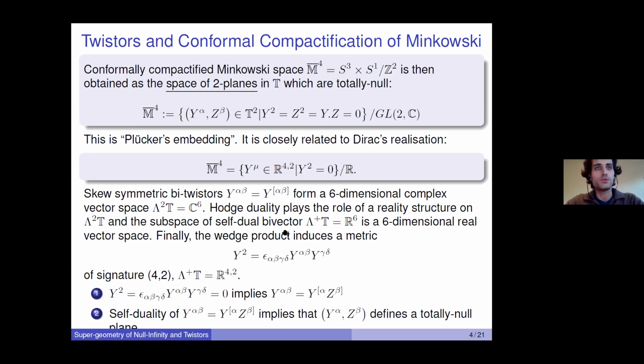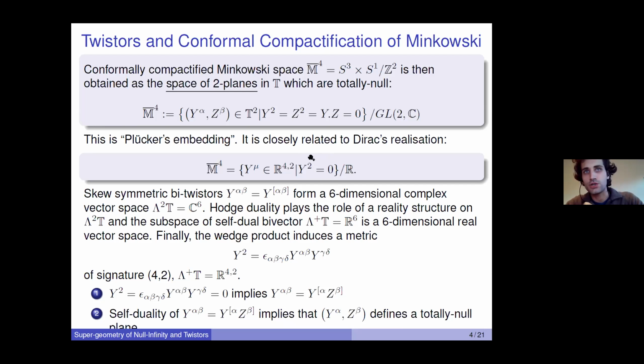If you look at the subspace of self-dual bitwistors, they form a six-dimensional real vector space. Finally, you have a wedge product on these bitwistors, which gives you a metric, and this metric has signature (4,2). This is the (4,2) from Dirac's realization.